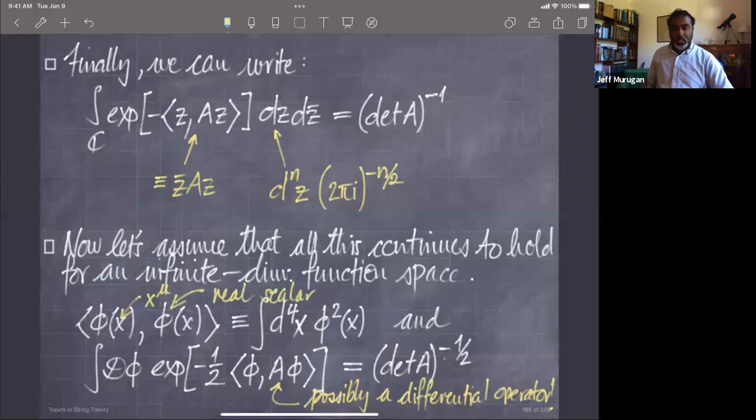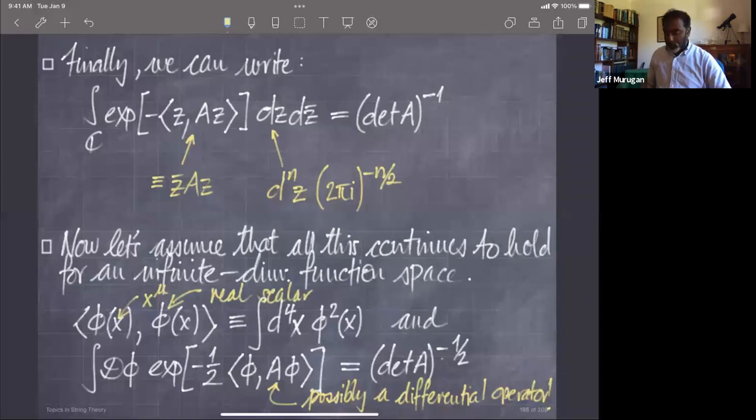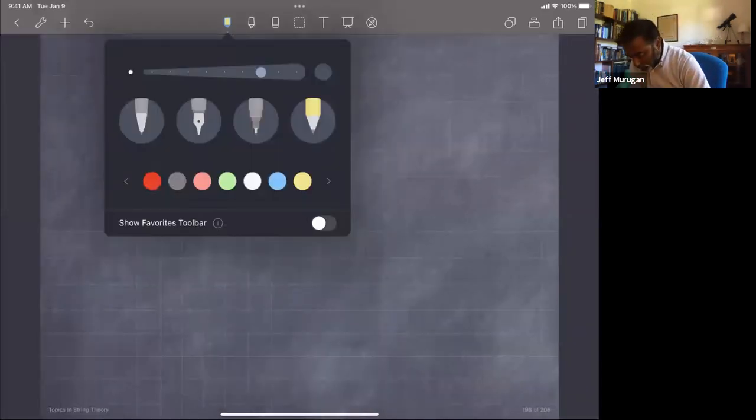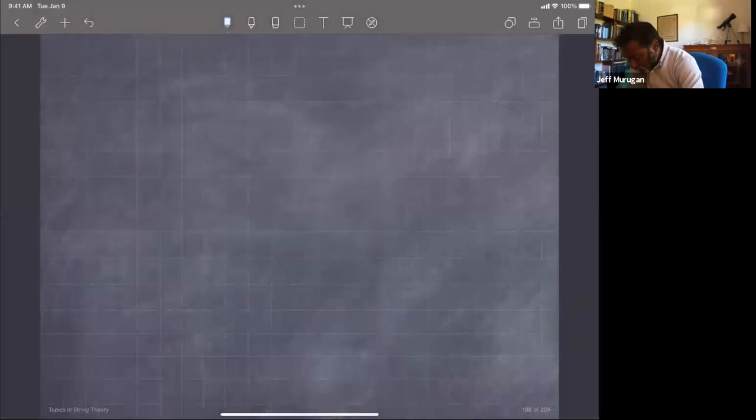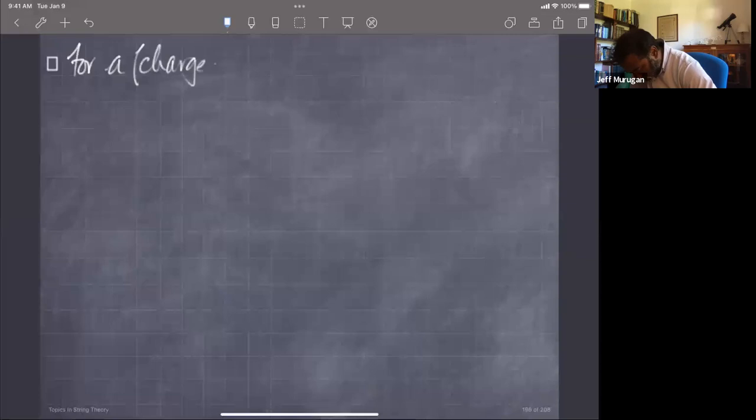And for a complex scalar, which we're going to encounter, the following will hold. Very similar to what we found for complex variables. And the reason why we want complex scalars is because complex scalars will correspond to charged fields.